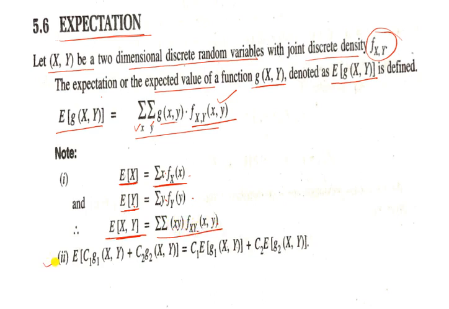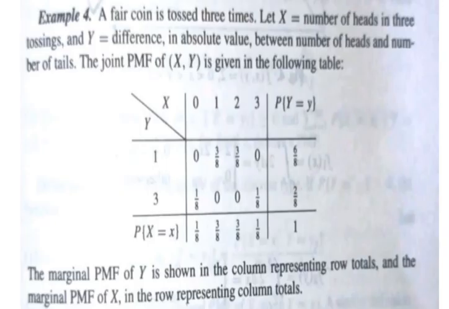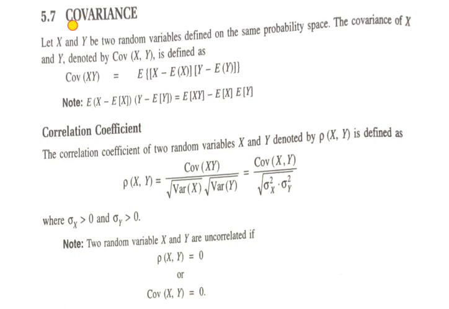Now the second note, expectation of c1 g1 of x y, here c1 is a constant, plus c2 g2 of x y, here c2 is a constant, is equal to c1 expectation of g1 of x y plus c2 expectation of g2 of x y. So this is the formula for finding the expectation for the two random variables X and Y.